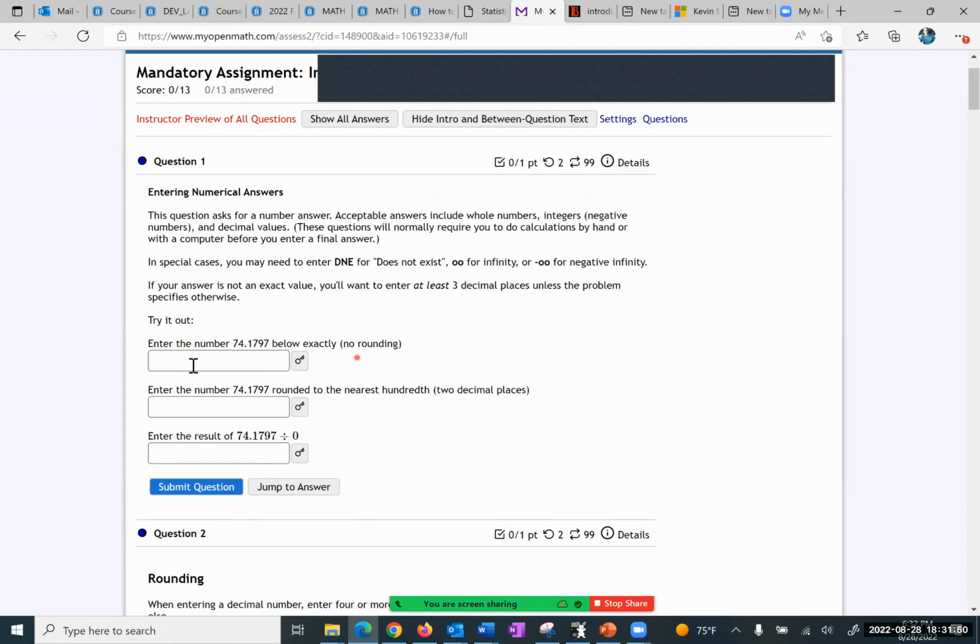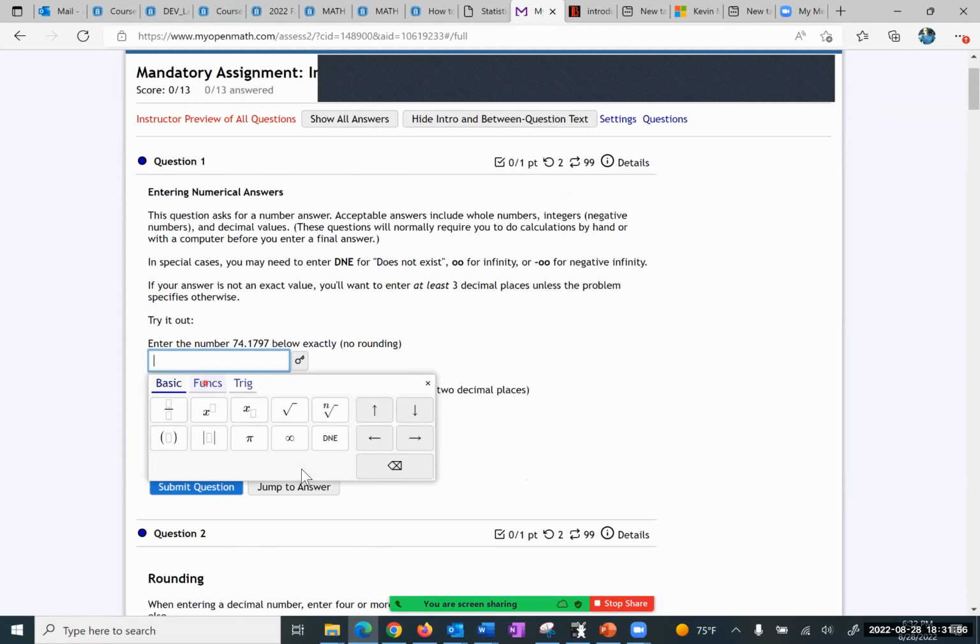Okay, so if I click on this area that I need to enter the number, notice what happens. It opens a math editor. So if I need a fraction, if I need a square root, if I need infinity, whatever I need. So let's just for now put this number 74.1797. So I put the number in.